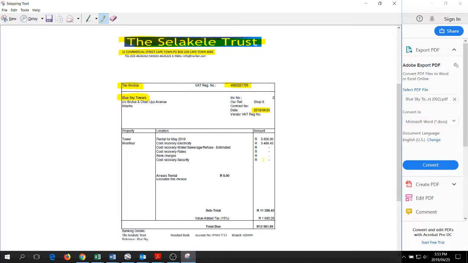Going further down the invoice, you will see a subtotal amount excluding VAT and the VAT amount, and then the total including VAT.